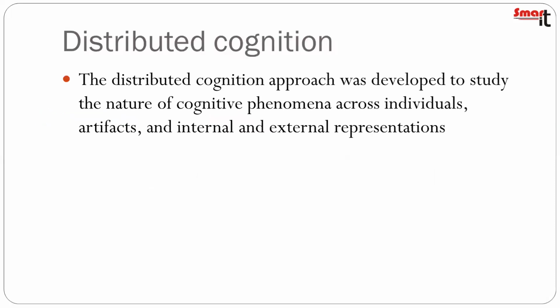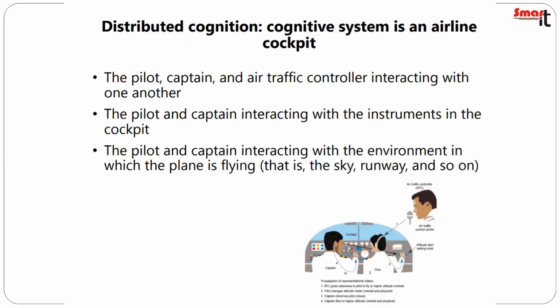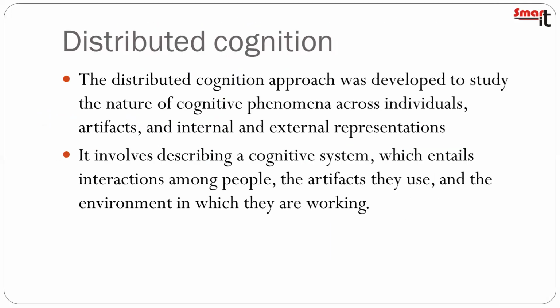Then distributed cognition. The distributed approach was developed to study the nature of cognitive phenomena across individuals, artifacts, and internal and external representations, right? How it differs from these things. For example, you always have to consider the external factors. That is why we call it distributed cognition.